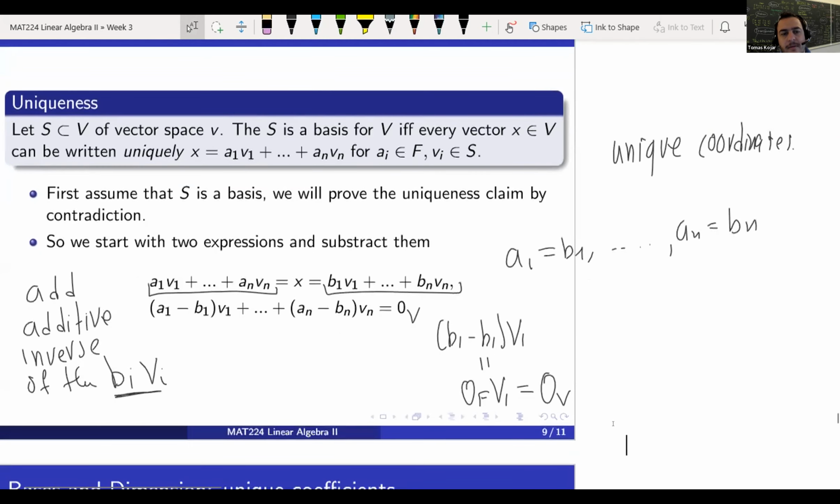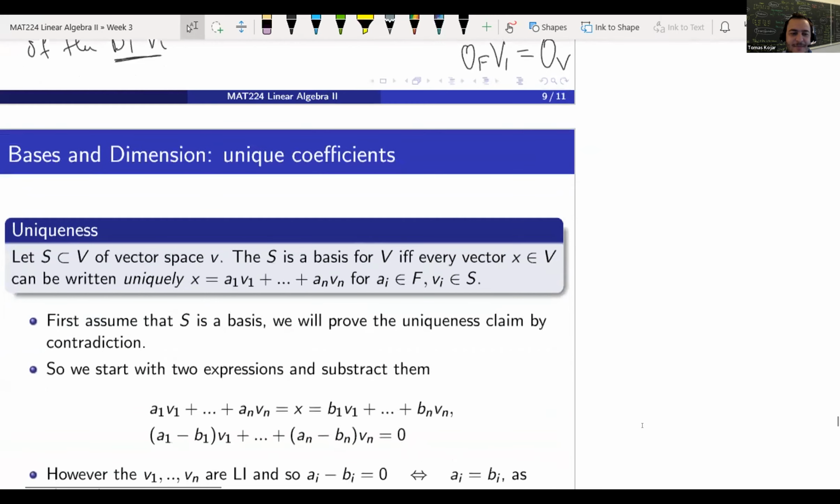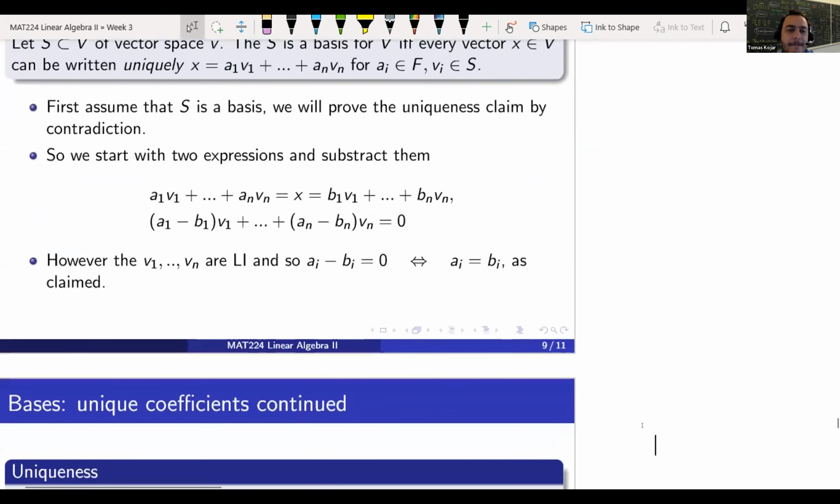So you get this expression of these differences. Okay, and can someone tell me why from here we get that they're all equal? It's one word, two letters. Yeah, LI, thank you. So exactly. Then linear independence forces the coefficients to all be zero, right?